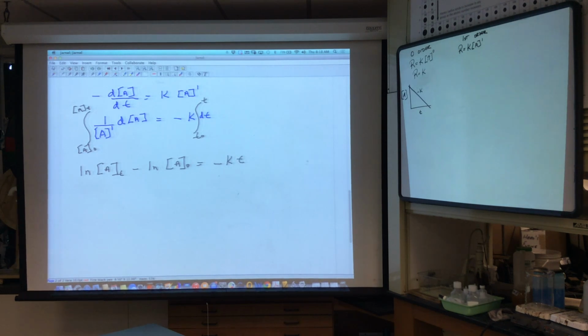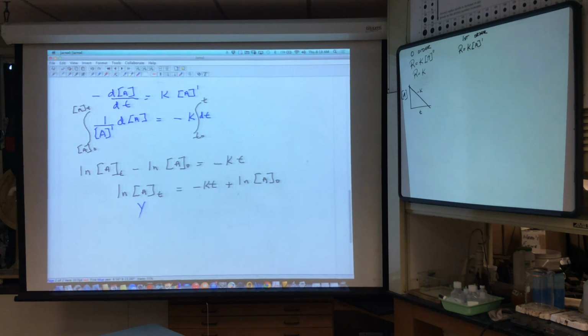Negative kt. Now rearrange this. I'll get the ln of A of some time period, that's the concentration after some time period, equals negative kt, okay, plus the natural log of A from initial conditions. What does this give me?